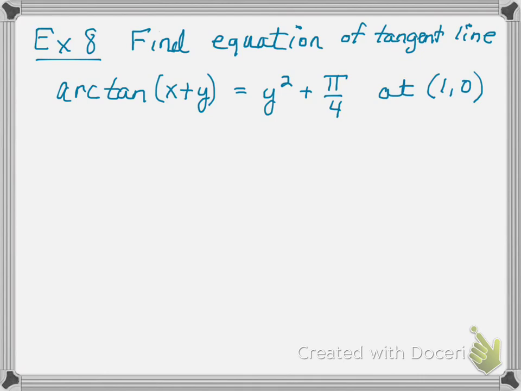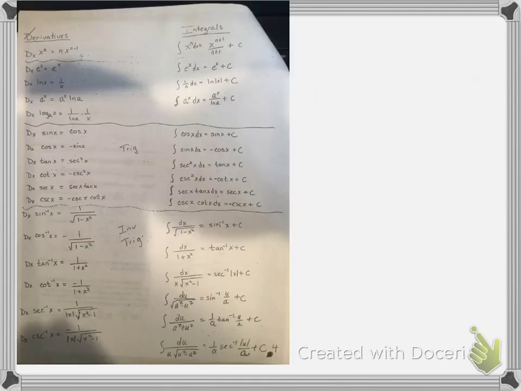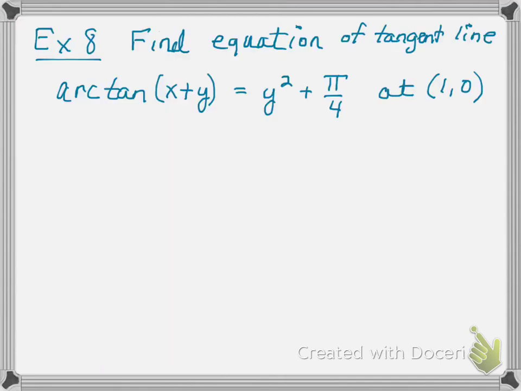So, implicit differentiation, doing this with respect to x. I got to know the formula for arctangent, and I believe arctangent was 1 over 1 plus x squared. Remember, instead of an x squared, I'm going to have an x plus y. So derivative would be 1 over x plus y squared.